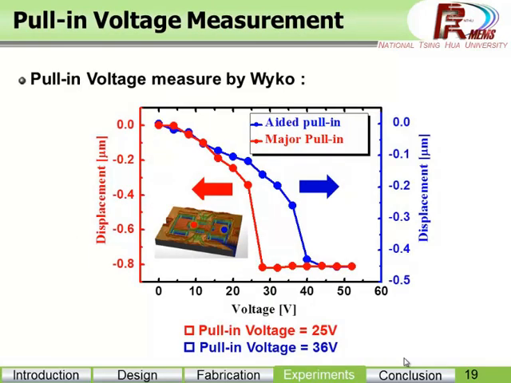And here shows the measured actuation performance of the switch structure, and we can see the pulling voltage of the major pulling frame is 25 volts, which is similar to our simulation results, verifying our low-actuation voltage design.